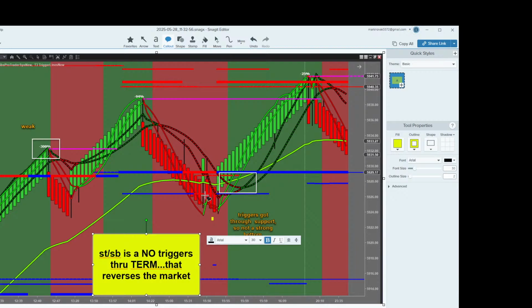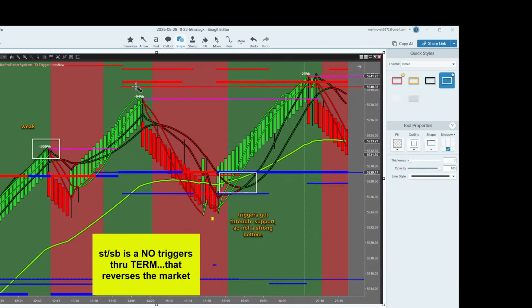Well, that was the potential to break. Are you familiar with the 50-50 look, Todd? 50% of my triggers got through, 50% didn't. That had the potential to break. It ended up not breaking, but because those small triggers got through, we're not going to call it a strong bottom. The same thing is true here.